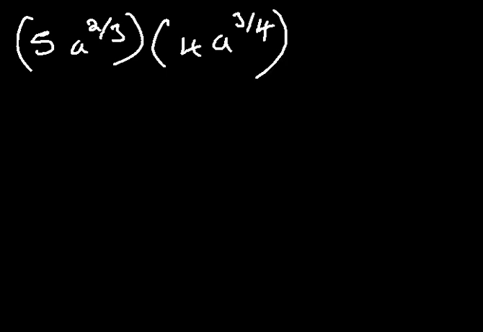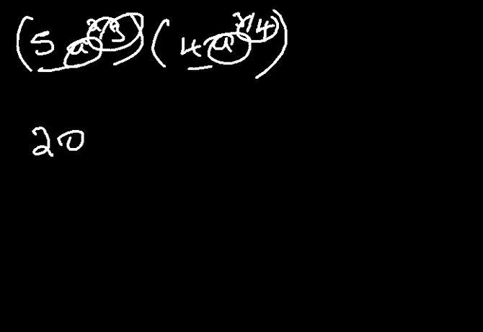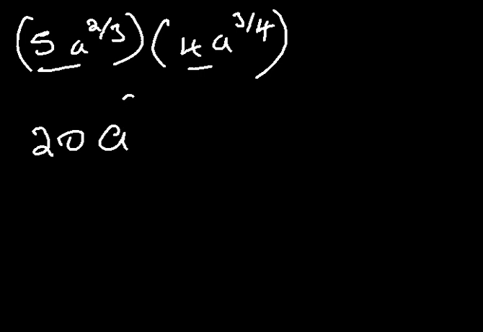How can you simplify these expressions? Of course, we have the constants 5 times 4, which is 20. And we have a, with the rational exponents. According to the laws of indices, we'll have a to the power 2 over 3 plus 3 over 4.